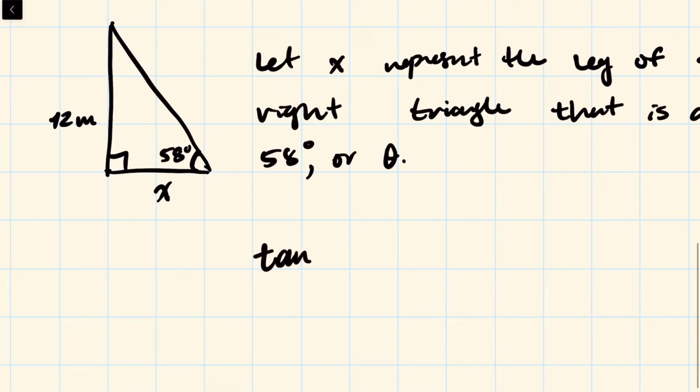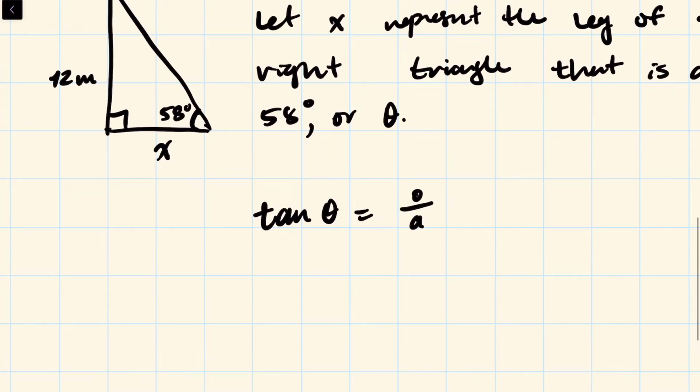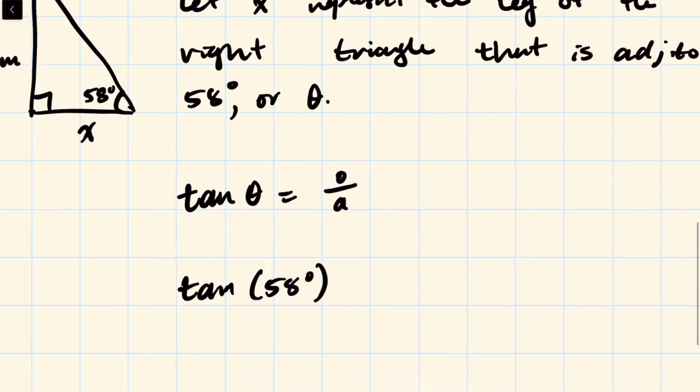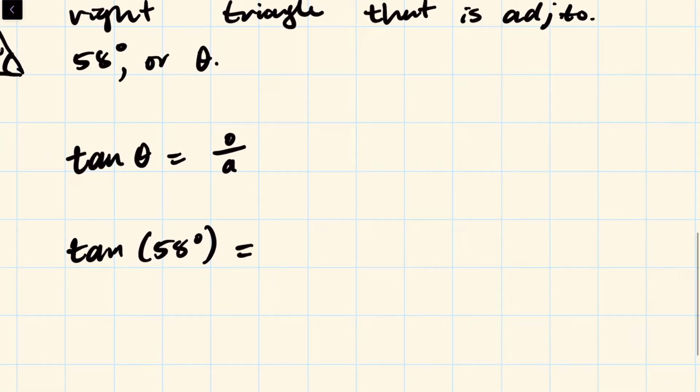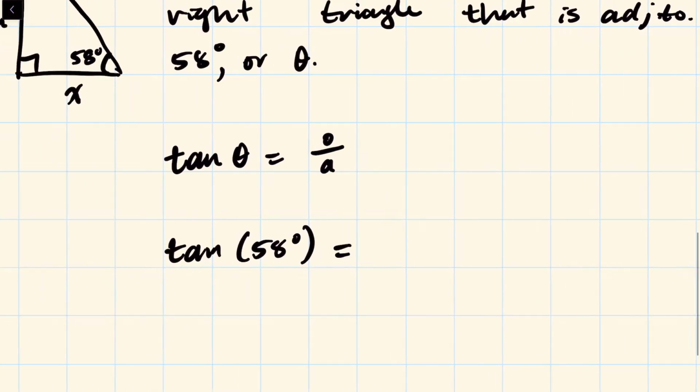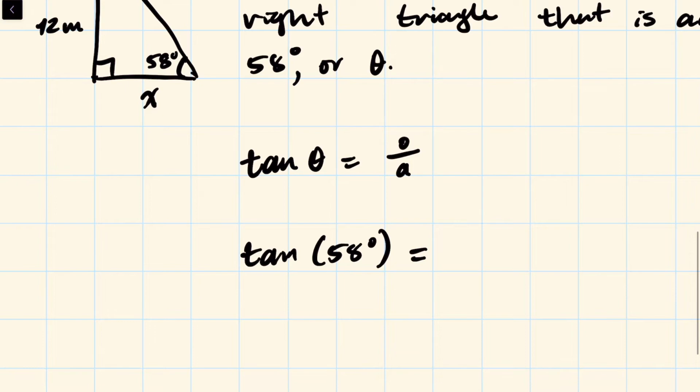Tangent theta equals opposite over adjacent. Tangent of what, though? Tangent of 58 degrees. And that is opposite, which we have to be 12 meters, when we put units at the end, over x.